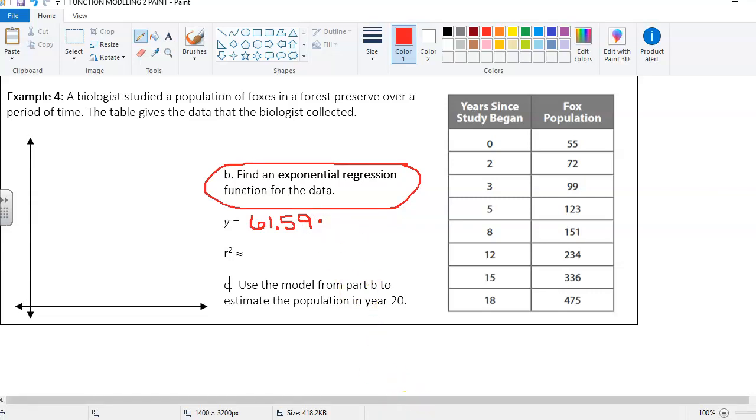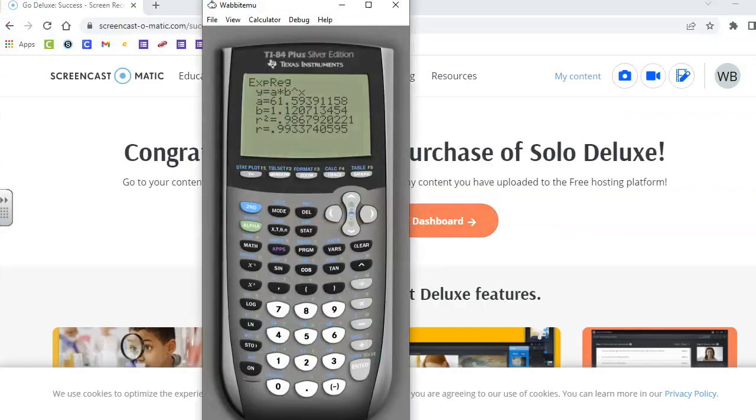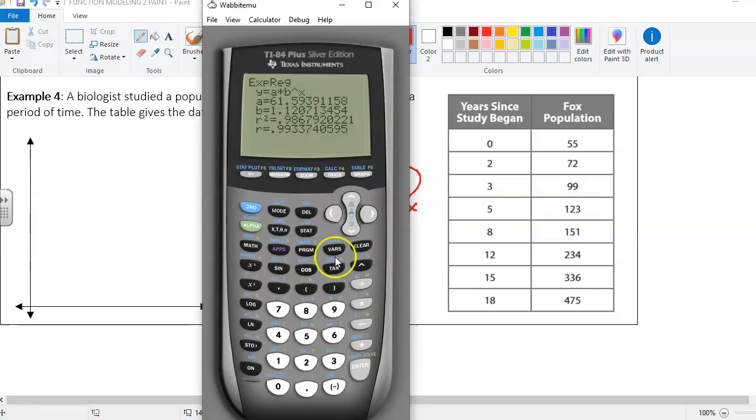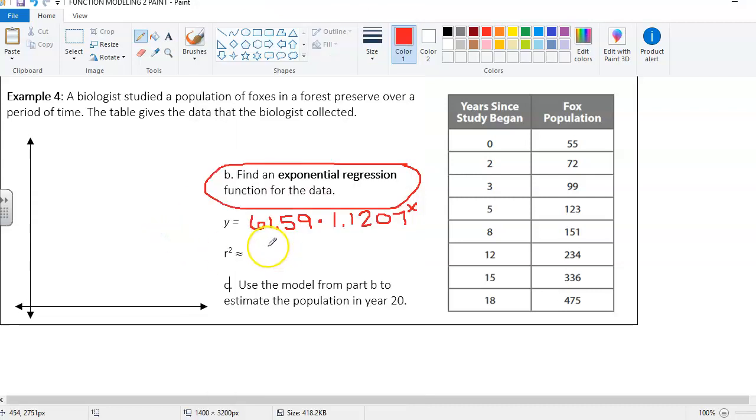And then it's a times b to the x, that's what's going on. B is 1.1207. Sorry, you keep getting my other screen here. To the x power. The reason this is a great model, check out that r squared number, it's 0.9868.